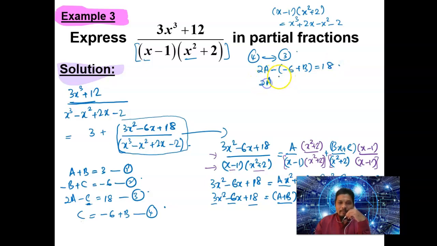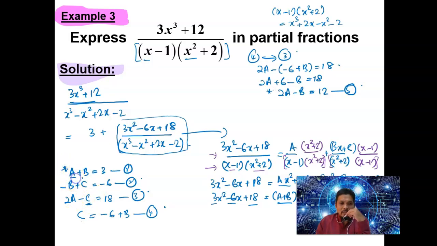So 2a plus 6 minus b equal to 18. Then 2a minus b equal to 18, 6 positive bring to the side become negative. So 18 minus 6 is 12. Equation 5.